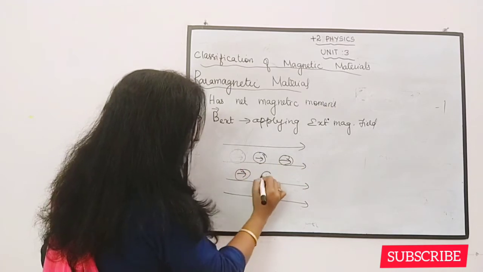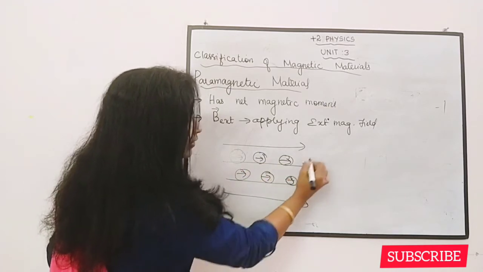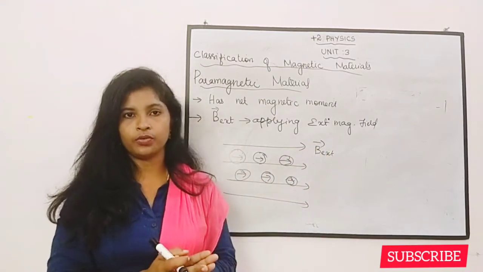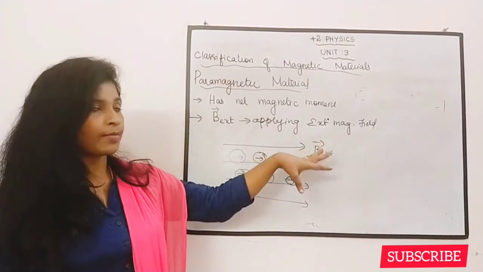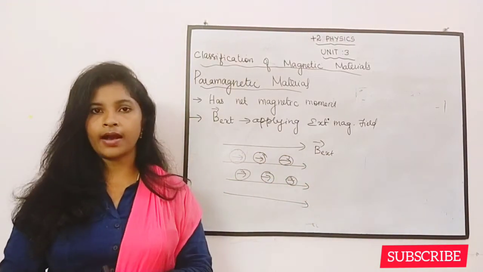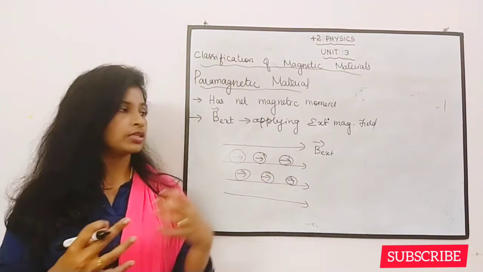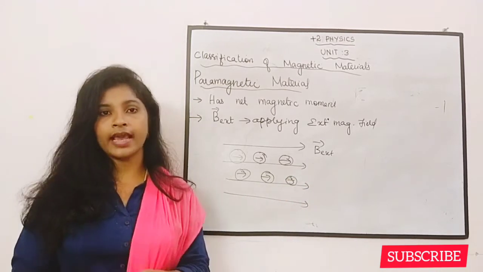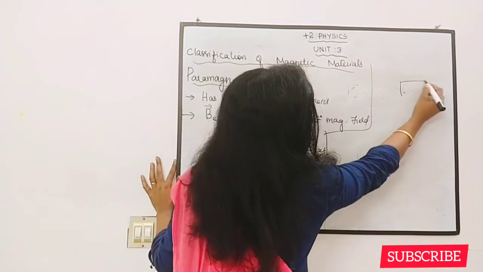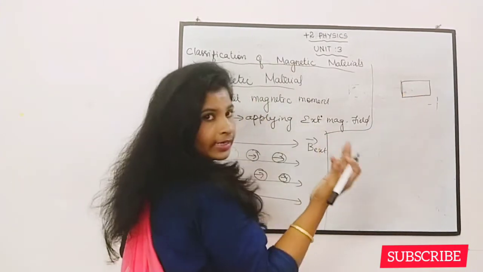In whatever direction you apply the magnetic field, all the dipoles get aligned in the same direction. So consider this as a paramagnetic material.